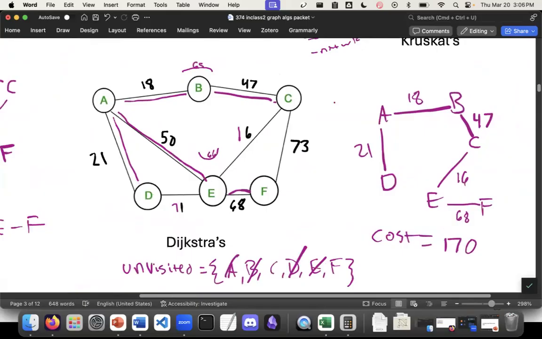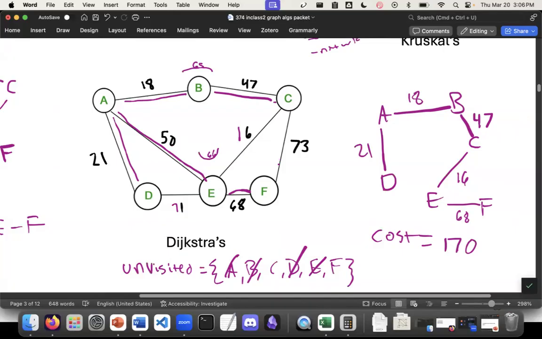So we look at C and we ask, could we get to E cheaper? 18 plus 47 plus 16 versus 50? No. Could we get to F cheaper, 18 plus 47 plus 73 versus 50 plus 68?